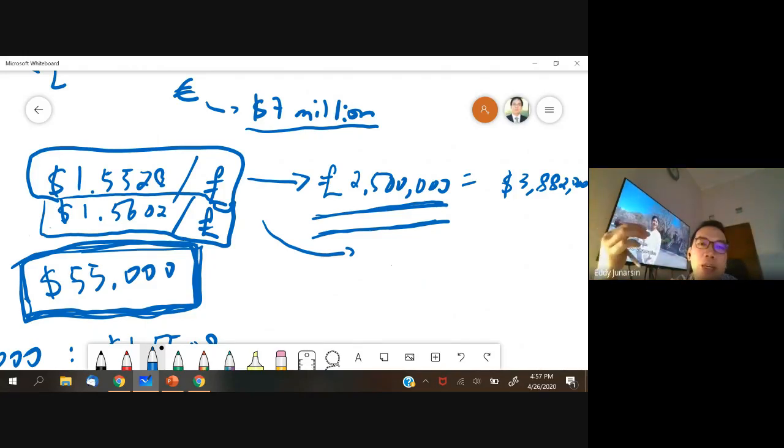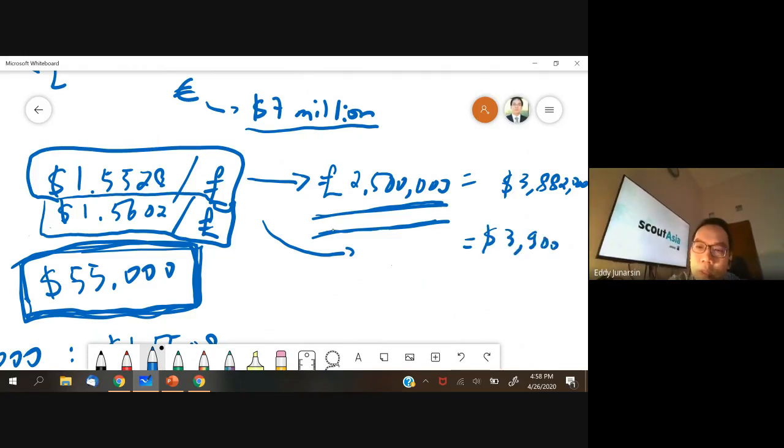Let's say you have maybe total liabilities in pound of 2.5 million. Now, how much is it in US dollar? 1 month later, again, they're the same at the back. You see here the quote is dollar per pound, and you know the value of pound, so you multiply them, right? So 2.5 million multiplied by 156.02, you get 3,900,500.